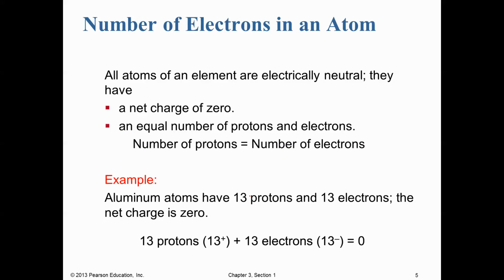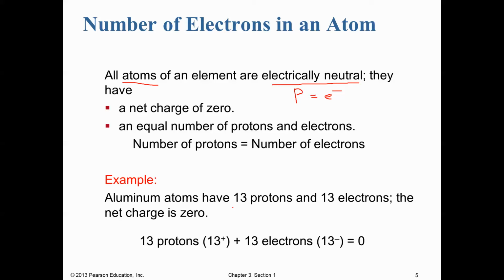So the number of electrons is going to be equal to the number of protons when you see that word atom. That term atom means that we're electrically neutral. In other words, our protons have to equal our electrons in order for that term atom to be used, because it means that we're neutral. And so that means the atomic number for an atom will also be the number of electrons.